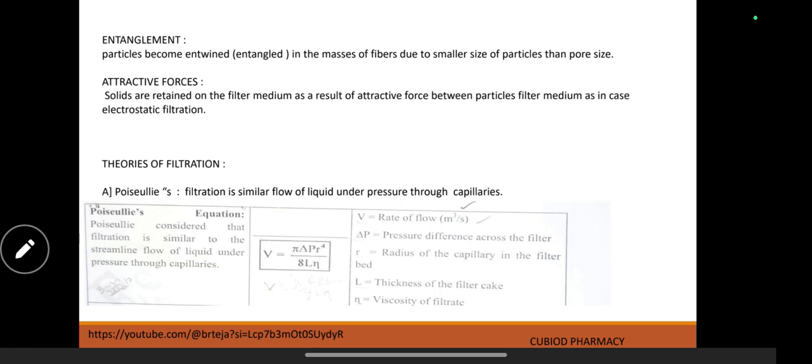V is equal to pi delta P r to the power 4 by 8 L eta. V is equal to rate of flow, m cube per second. Delta P is equal to pressure difference across the filter. R is equal to radius of the capillary in the filter bed. L is equal to thickness of the filter cake. Eta is equal to viscosity of filtrate.